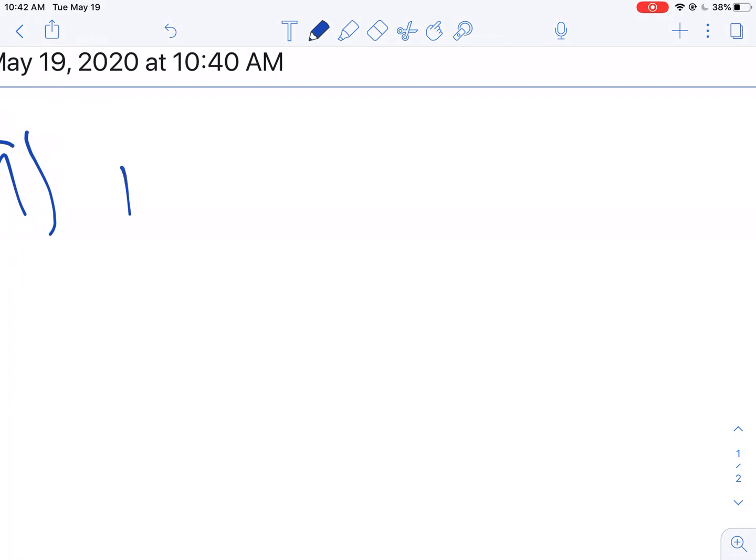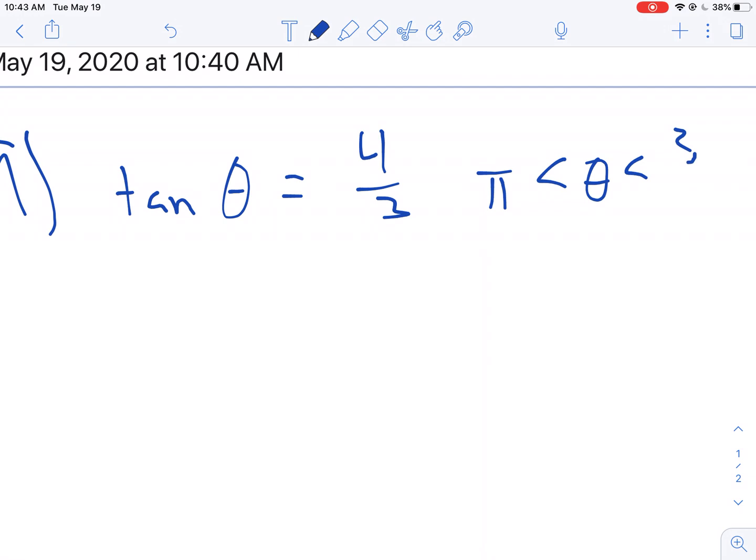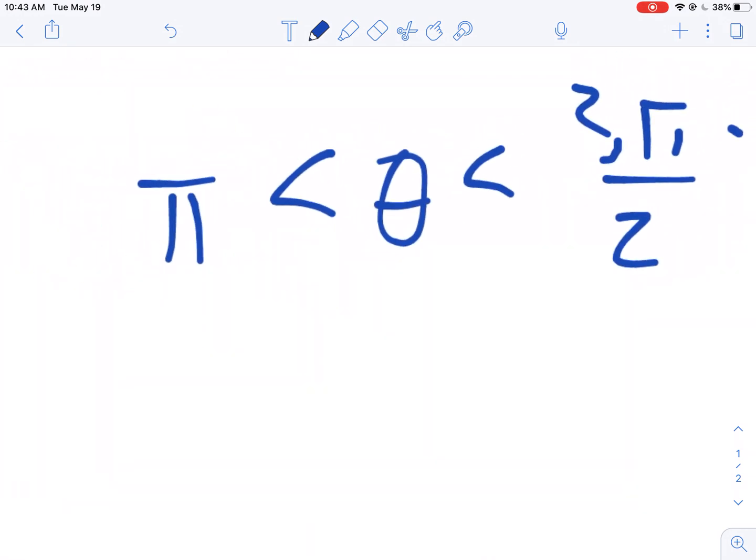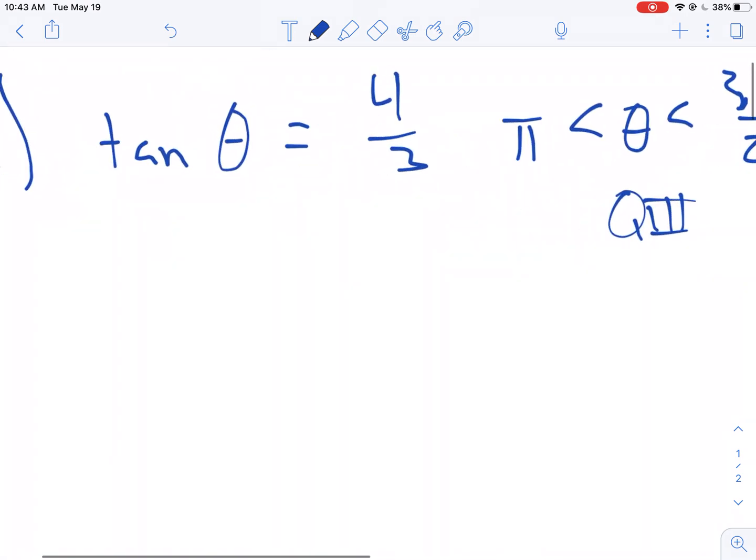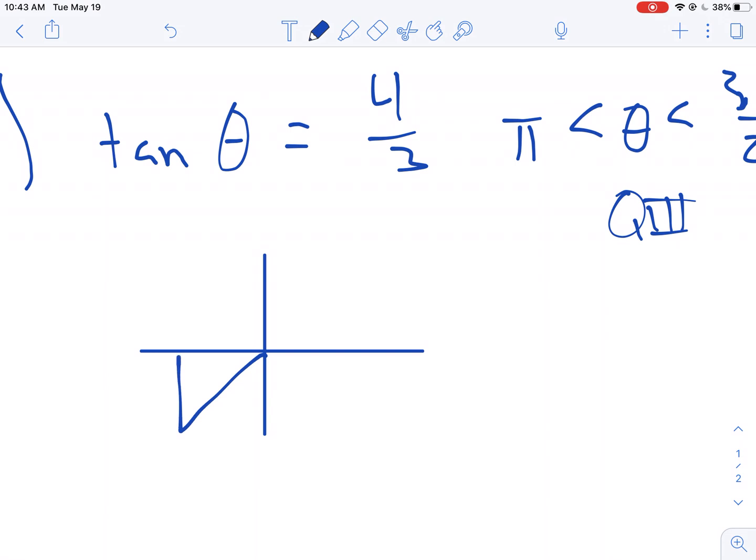What I'm given is that my tangent of theta is 4 over 3, and then I know that it falls between pi and 3 pi over 2. What this actually means, though, is that it's a quadrant 3 angle, and since it's a quadrant 3 angle, that means that I'm actually looking at a negative adjacent and opposite side.